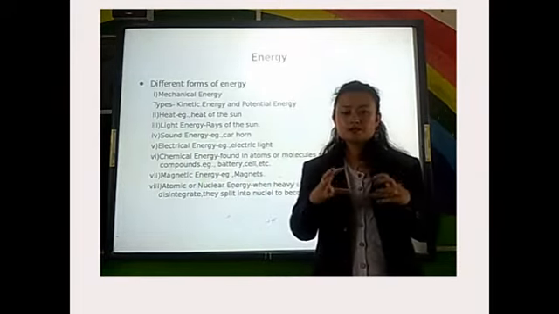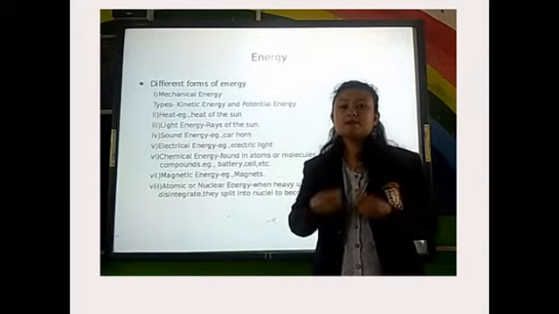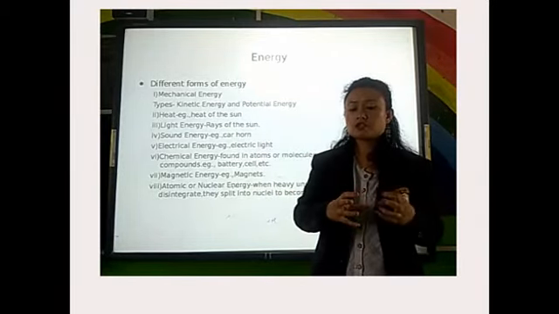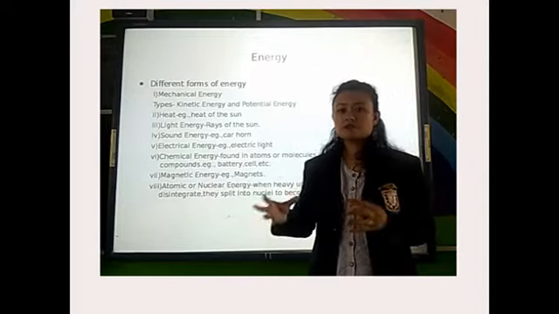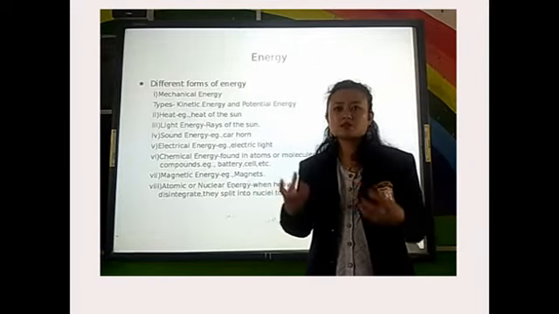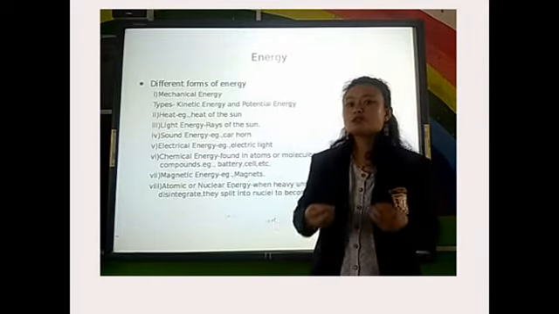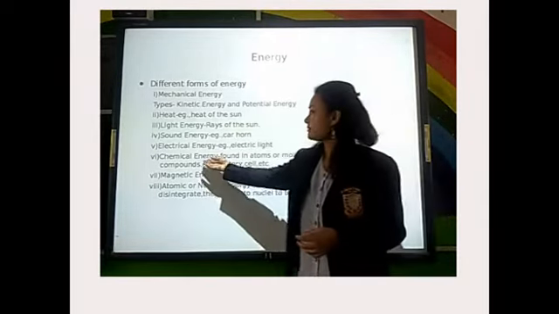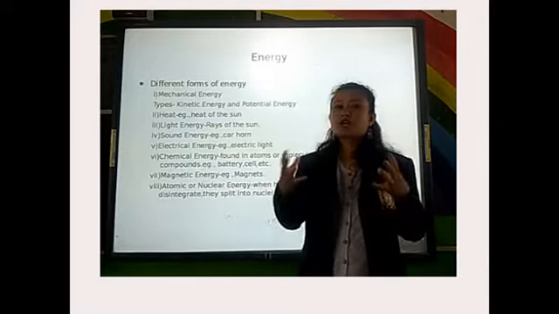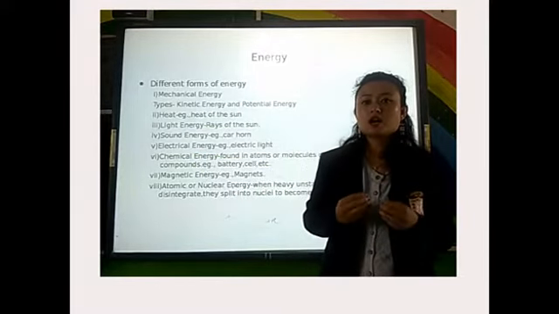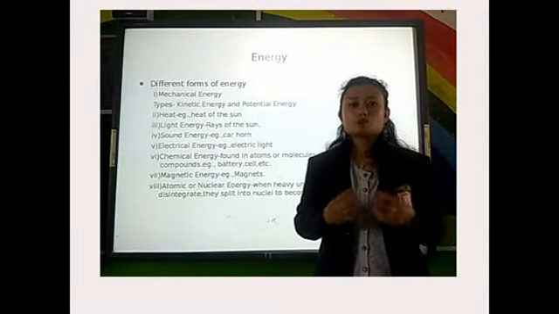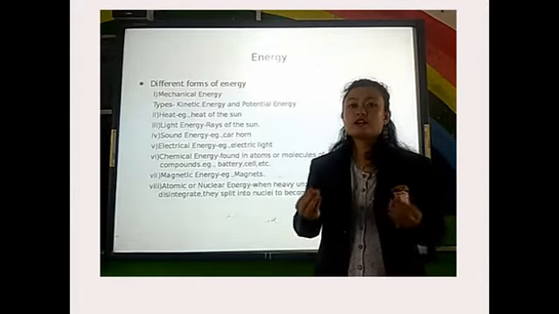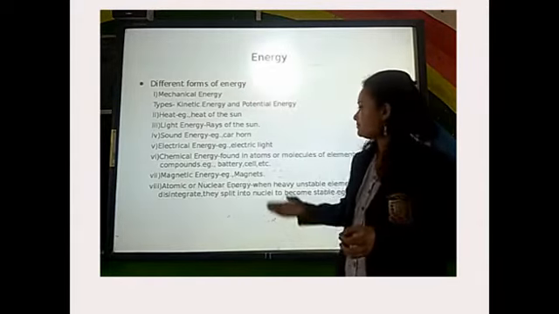When the compound undergoes some reaction, it uses this energy to go through the reaction. That means when they are undergoing some reaction, they are doing some work, isn't it? So when they are doing some work, they need some energy, and that is chemical energy. That's why chemical energy is also called stored energy, because it is stored in the elements.